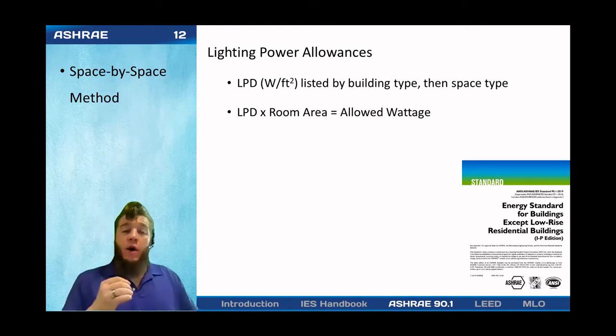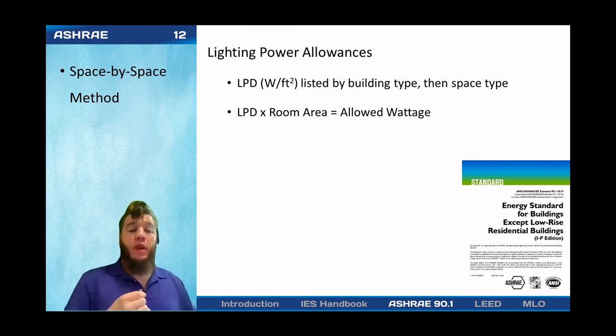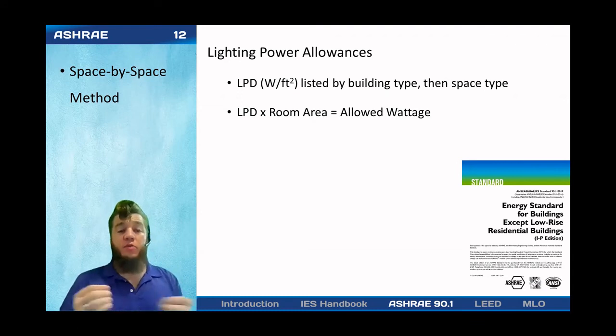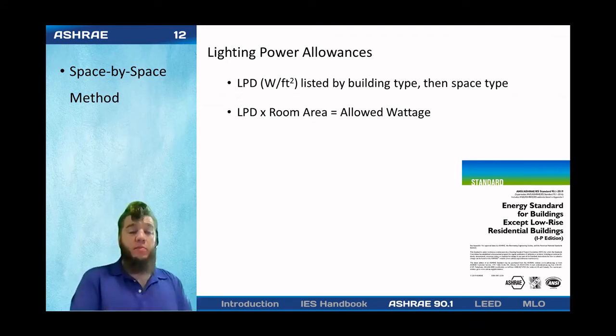And so while we calculate these wattages in a space by space manner, we're not actually complying on a space by space level. So this allows us to trade wattages around throughout the building, which is important for lighting design practice, because what that means is that you can often have more freedom, say, in your lobby to install some purely decorative lighting that isn't necessarily helping you with your design criteria from the IES Handbook, but nonetheless is great design practice.